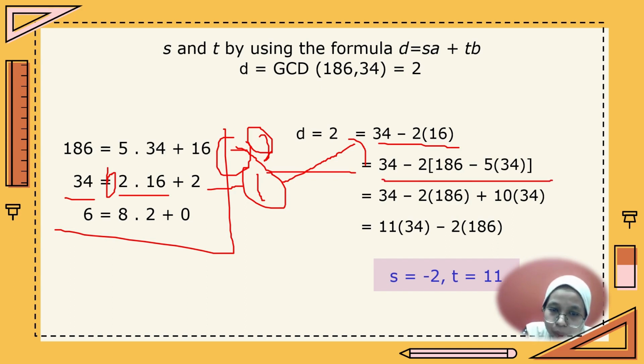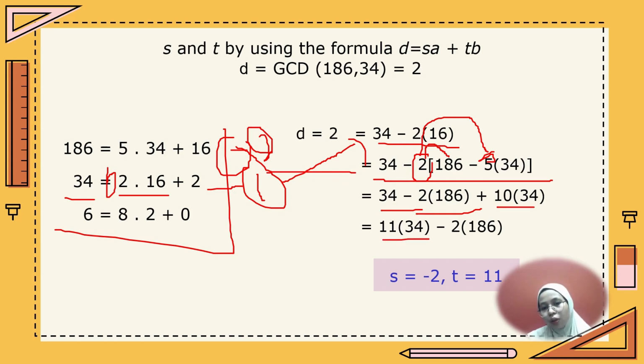Then you simplify this to 34 minus 2 multiply 186, and 2 multiply 5 gives 10 multiply 34. After that you simplify and get 11 multiply 34 minus 2 multiply 186. So for S, minus 2, and T equals 11.